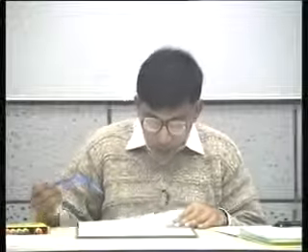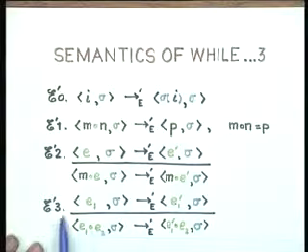Then going further, given a complicated expression of the form E1 binary operation E2 in a state sigma, our left to right evaluation strategy says that in this state sigma, if E1 moves to E1 prime, then this complicated expression moves to this complicated expression in the same state, right.